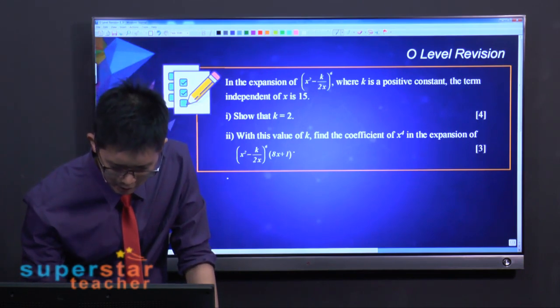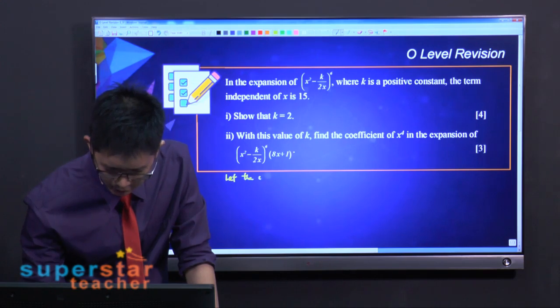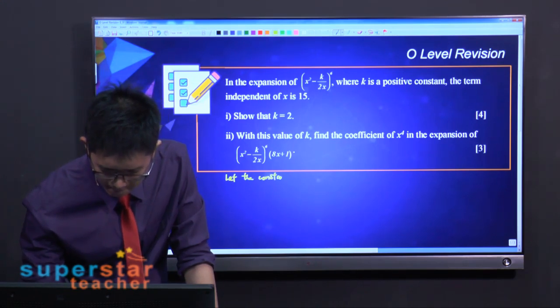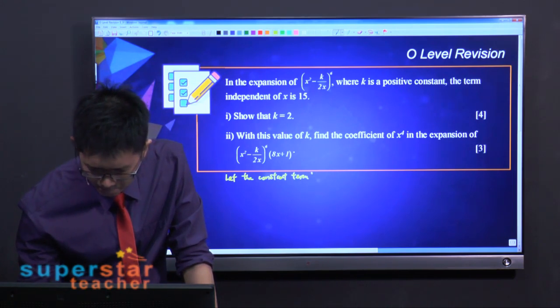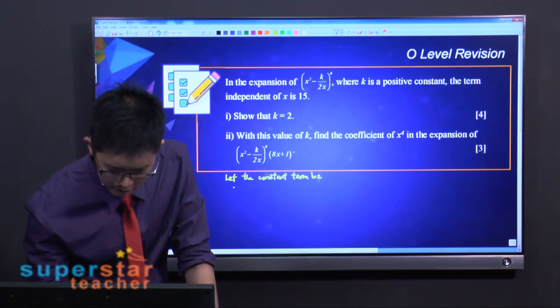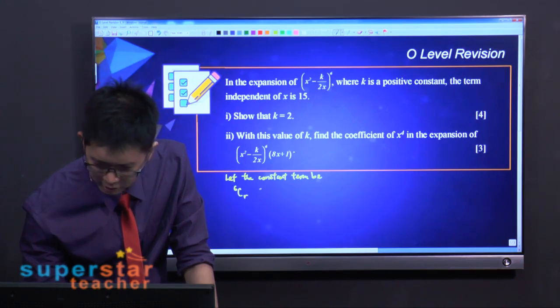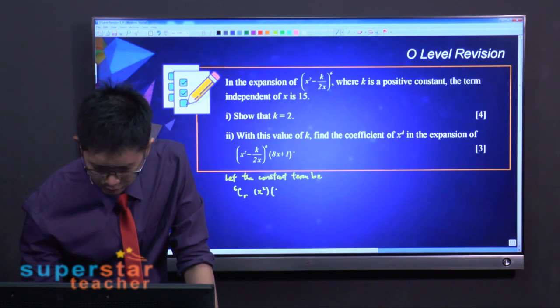So we let the constant term be 6Cr, and then we have x squared, and then we have negative k over 2x.